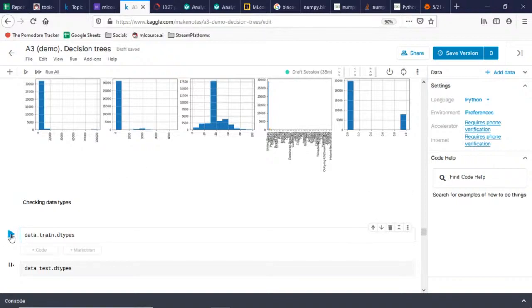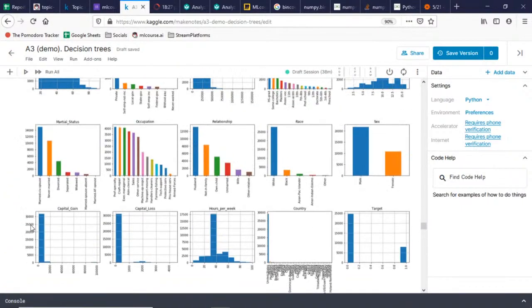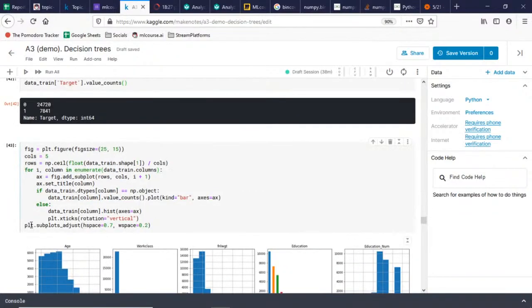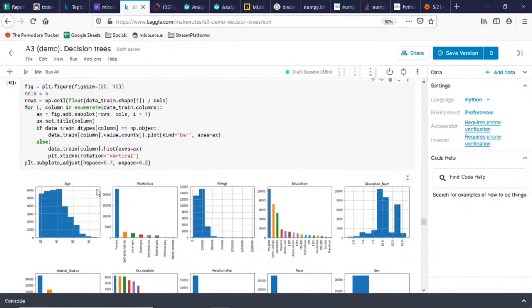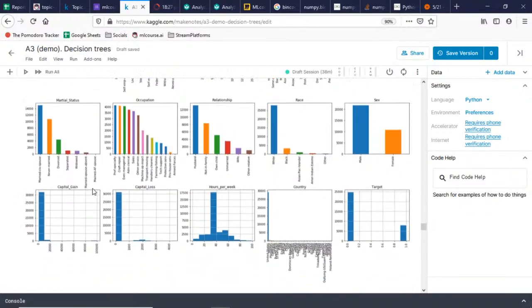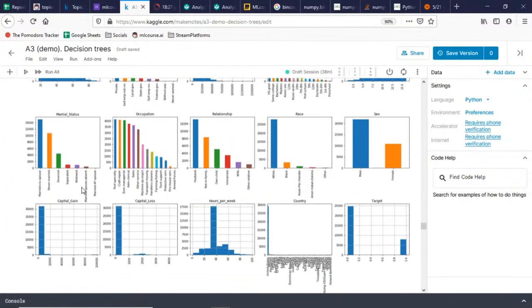Okay. So what have we done? If the type of data is equal to object, we plot the value counts as a bar; else, the other branch. So for example, age.